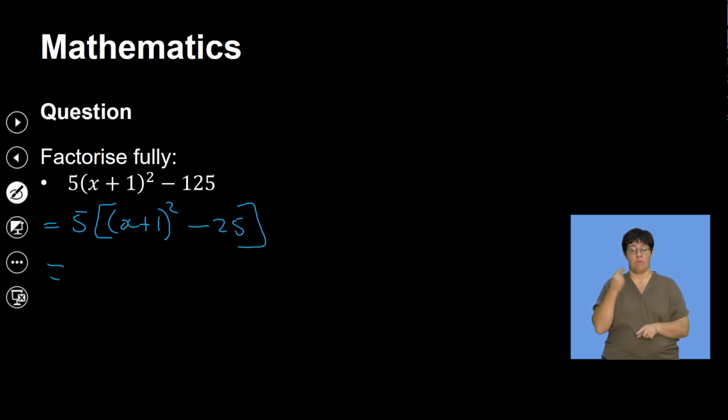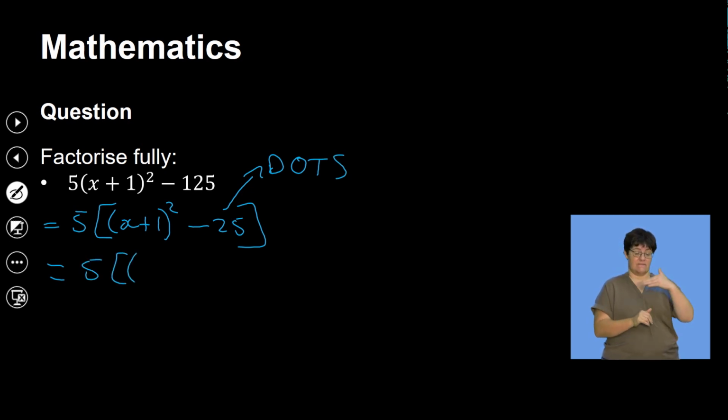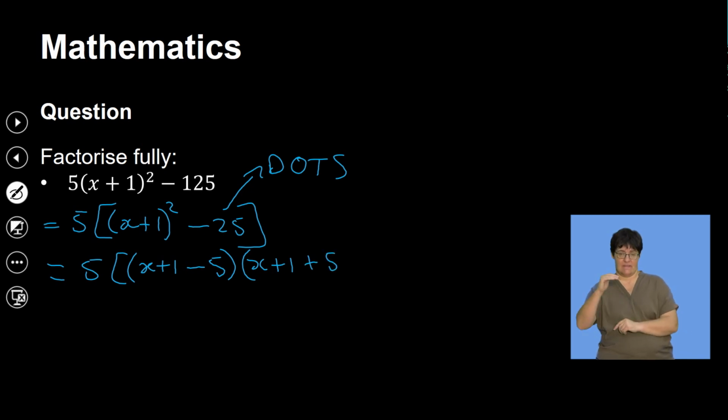And then from there, inside the bracket, I can factorize that, because this becomes the difference of two squares. So it becomes 5 into x plus 1 minus 5, and then in another bracket, it's also x plus 1 plus the 5.